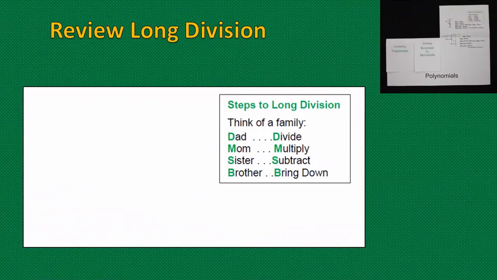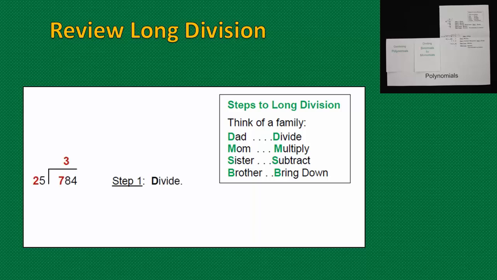To review long division, let's look at the steps to long division. Think of a family. Dad, mom, sister, and brother can help you to remember to divide, multiply, subtract, and bring down. Our problem is 784 divided by 25.